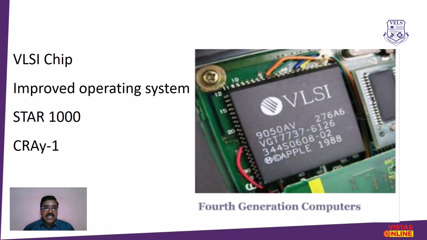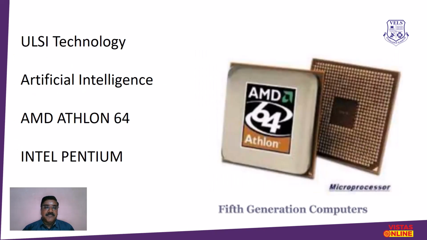The fourth generation of computers has VLSI chips, improved operating systems, and Star 1000 and Cray 1 systems are also used. The fifth generation has ULSI technology and artificial intelligence. In this generation, they use the AMD Athlon 64 processor and Intel Pentium processor.